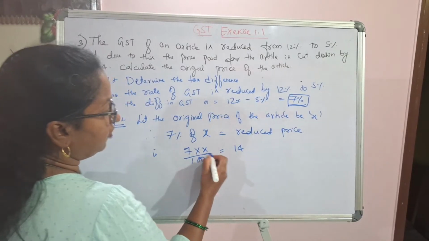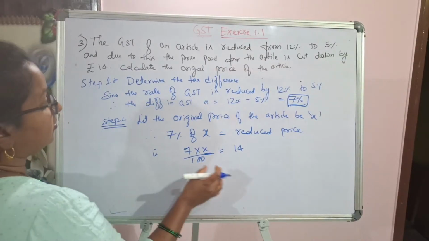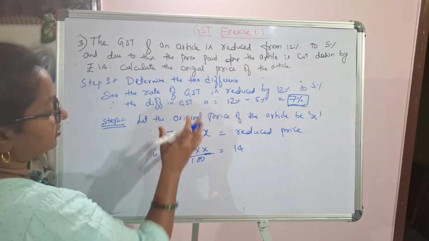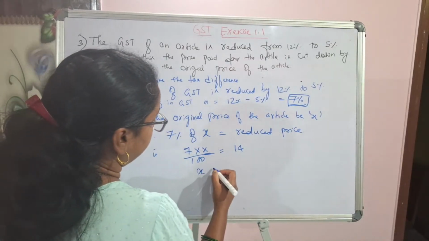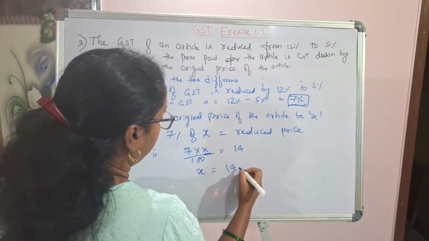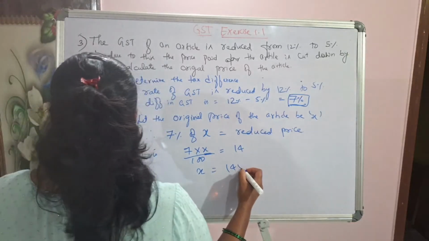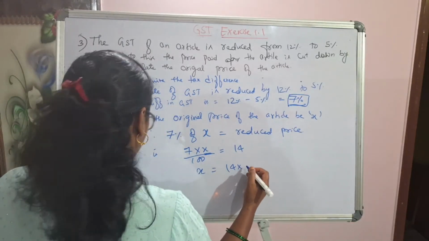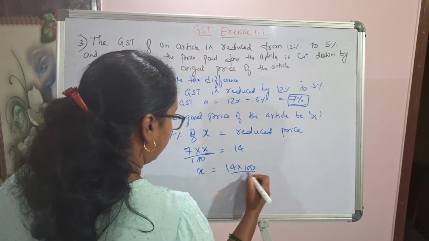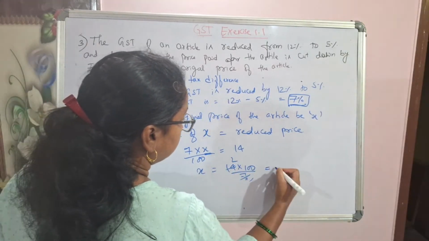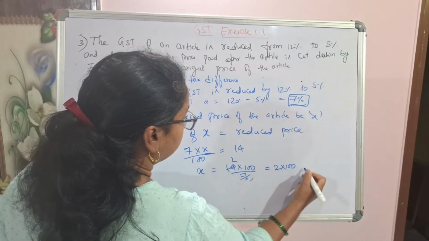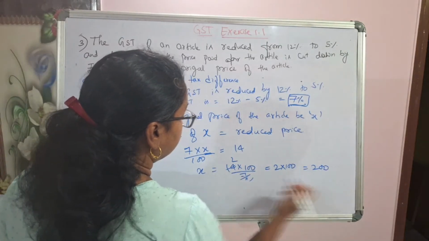If we get the value of X, then we'll get the answer, that is the original price of the article. X is equal to 14 into 100 divided by 7. So 2 into 100, which is equal to 200.